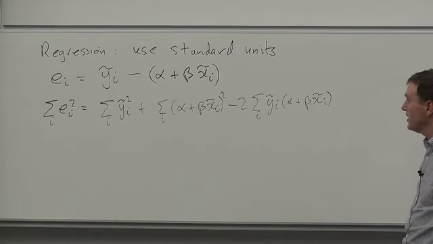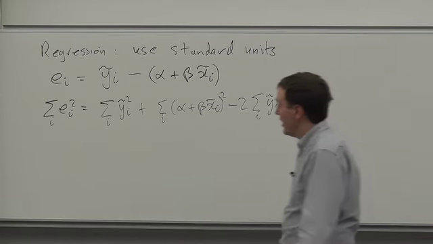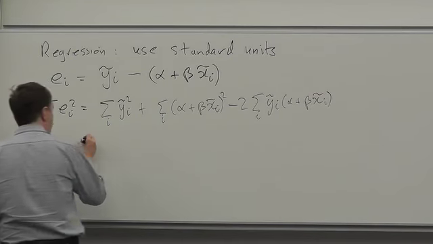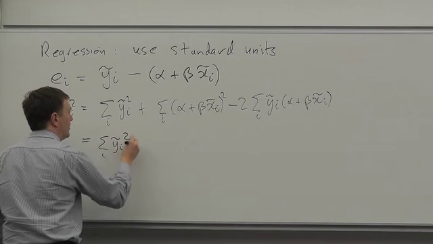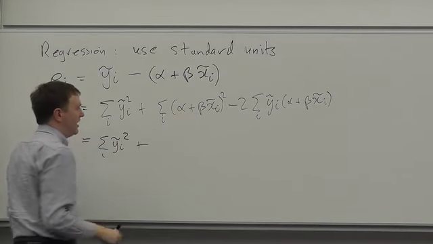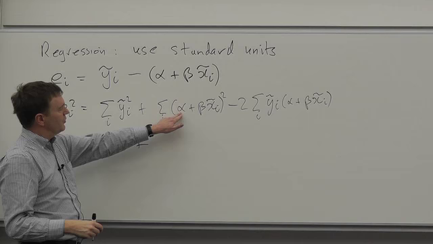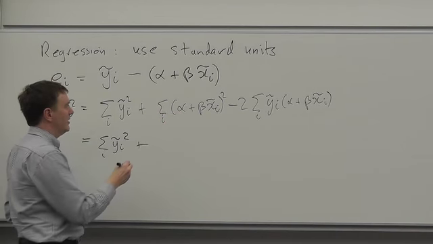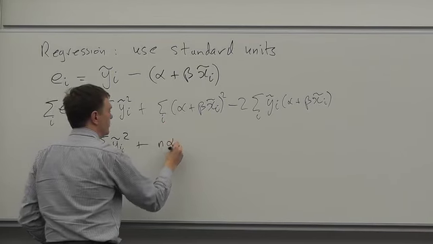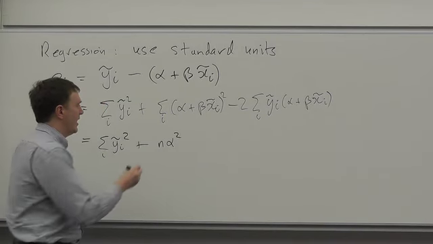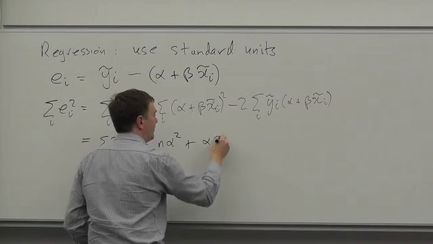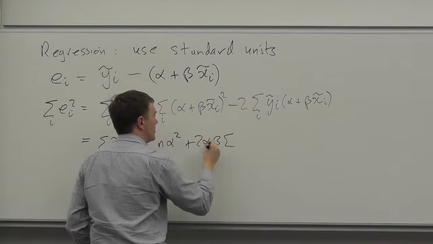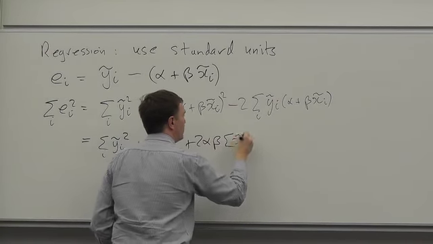And we just continue to expand out here, and we get a slightly more elaborate looking expression, which gives us the sum over i of y tilde i squared. When we expand this out, we'll get an alpha squared, but we'll be summing over i, so we're going to get n copies of alpha squared. And then we're going to get the cross product term here. We'll get alpha beta twice with the sum of the x tilde i's.